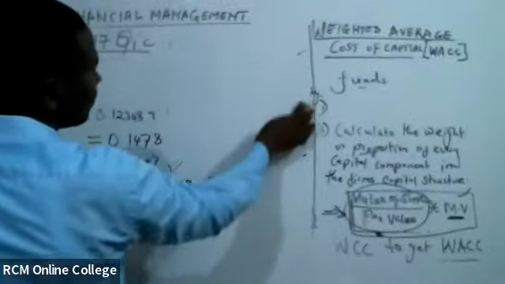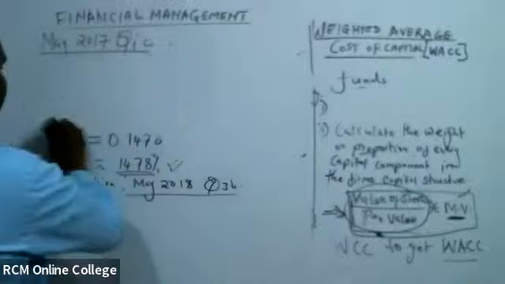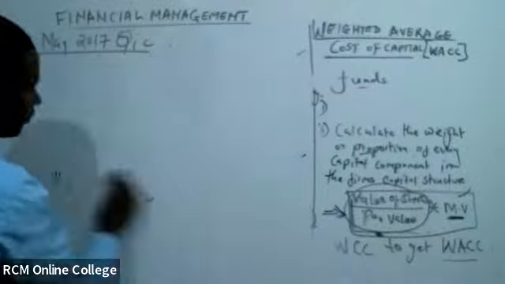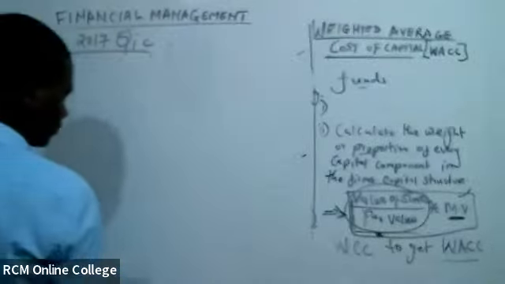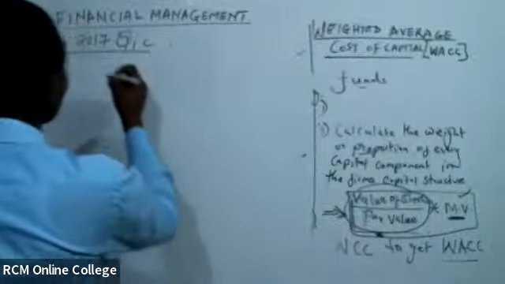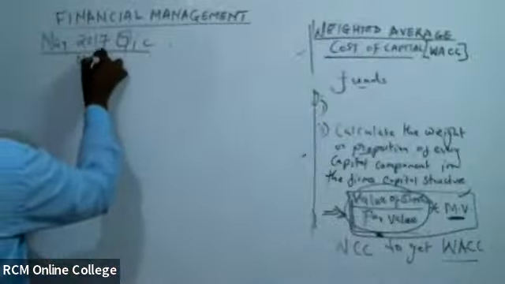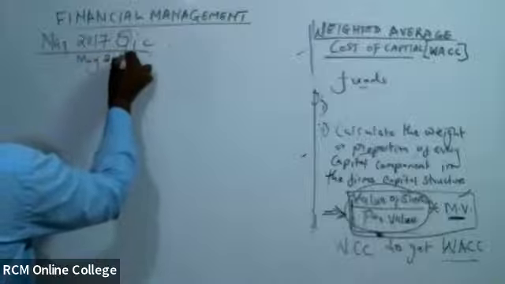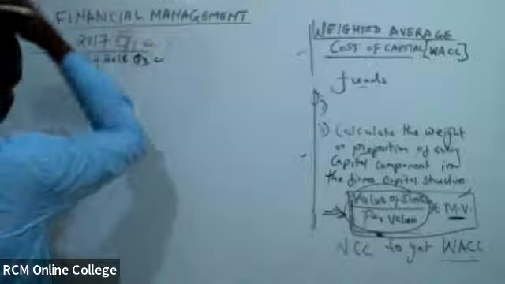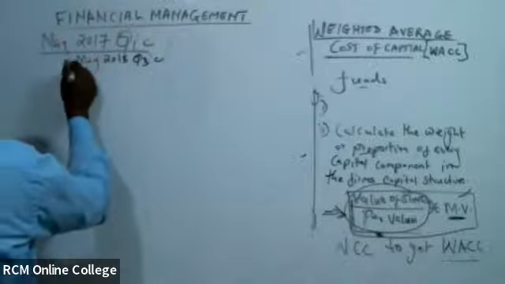So we are asking, what is step number 1? Step number 1. We calculate the component cost. Thank you, that's what we shall do. What you guys are telling us is what we shall do. Step number 1, component cost. So we calculate the components.